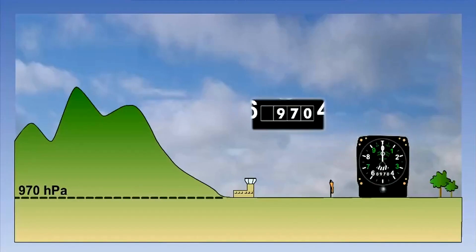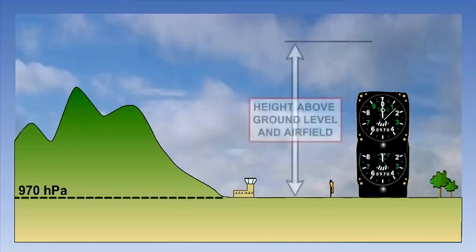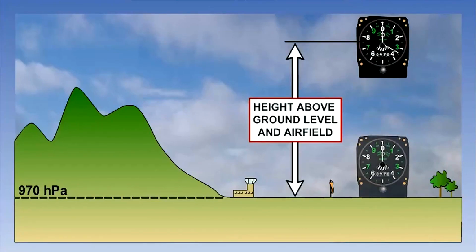If we place the altimeter on our airfield and set the subscale to the actual pressure of the airfield, then our altimeter will not only tell us how high we are above that pressure level, but also how high we are above the airfield. In other words, it will tell us our height above the ground.